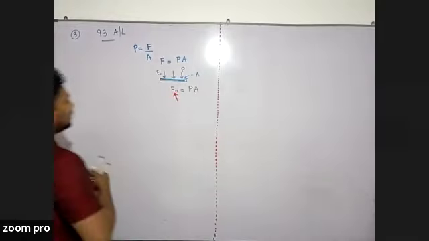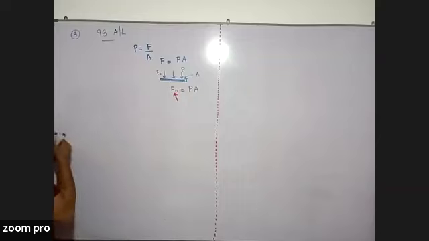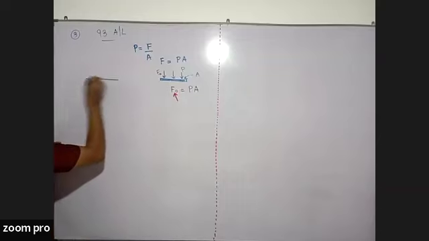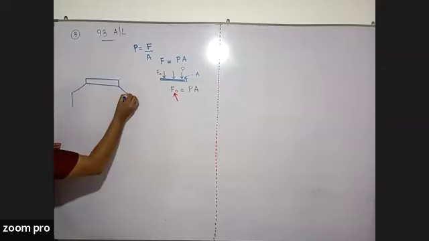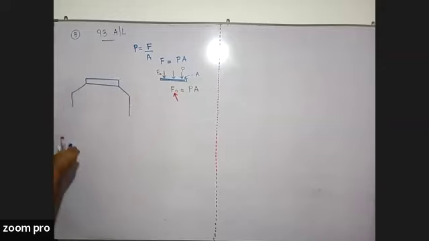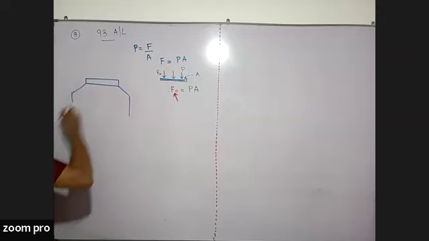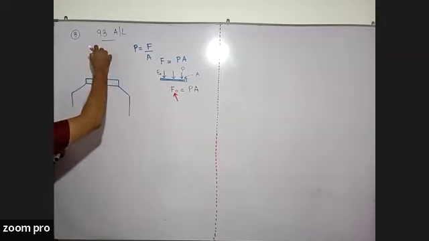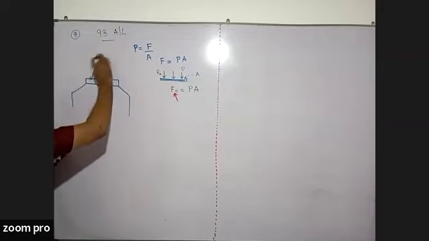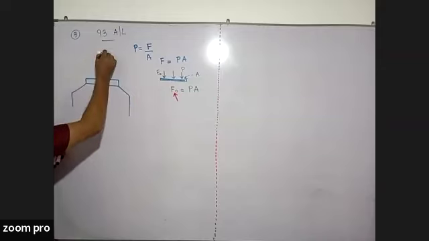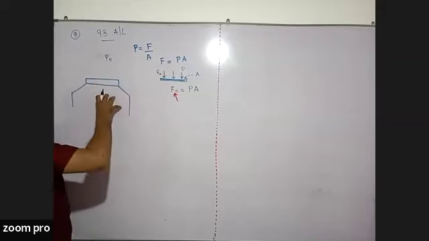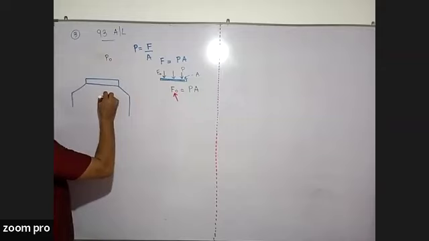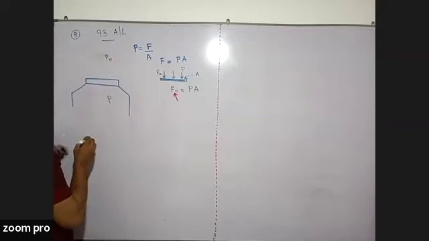Now, if we consider the lid of this bottle, the pressure above the lid can be considered as atmospheric pressure. Let's call it P naught, and let's assume the pressure inside the bottle, or inside the vessel, is P.